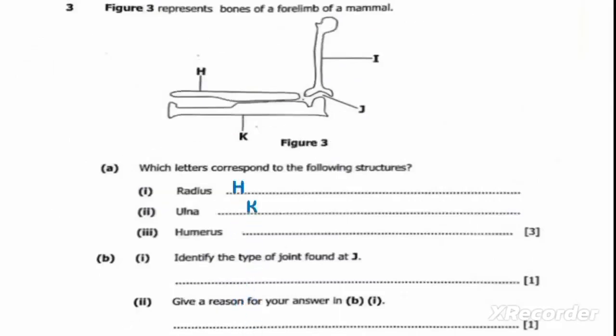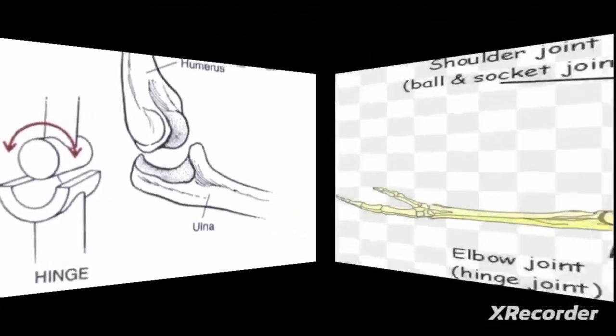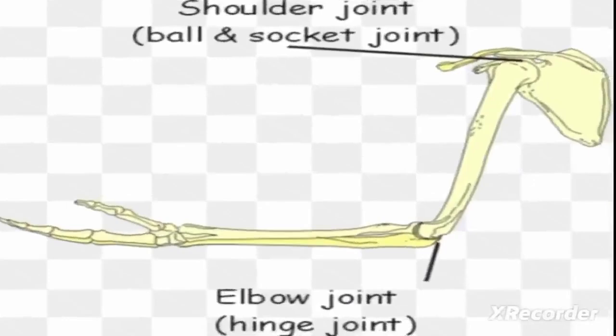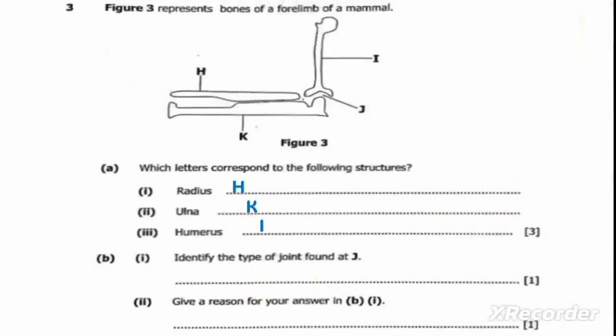So the J joint is the hinge joint. Hinge joint is also called elbow joint. So our correct answer on question 3b, Roman numeral 1, is hinge joint.